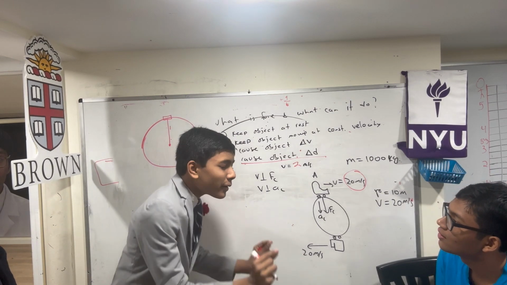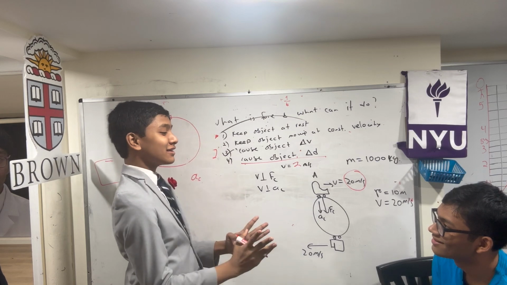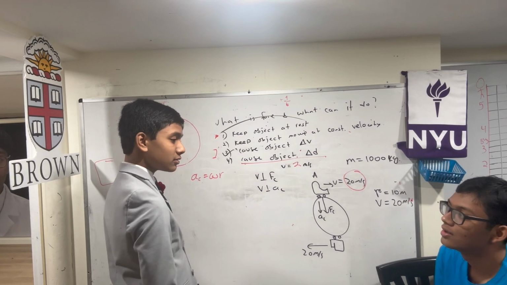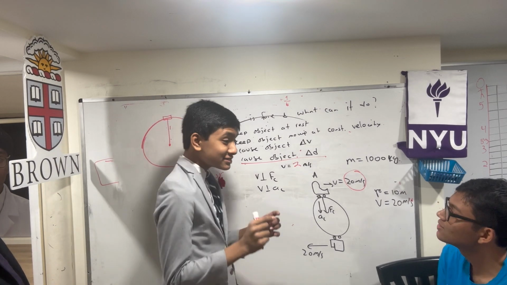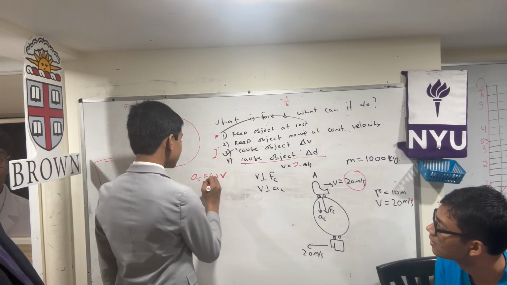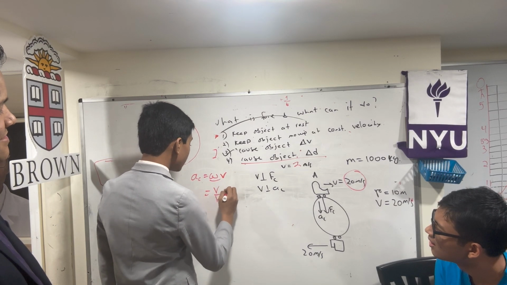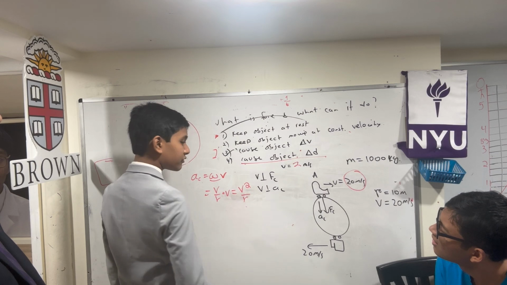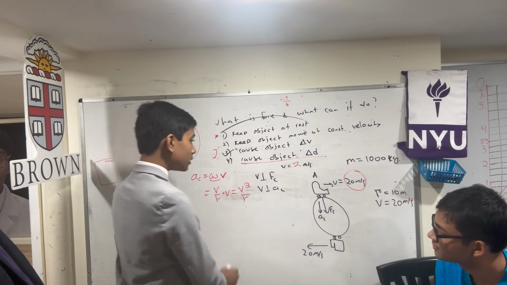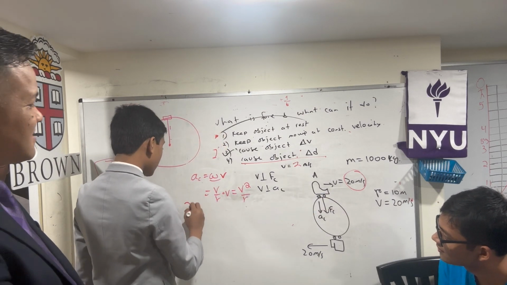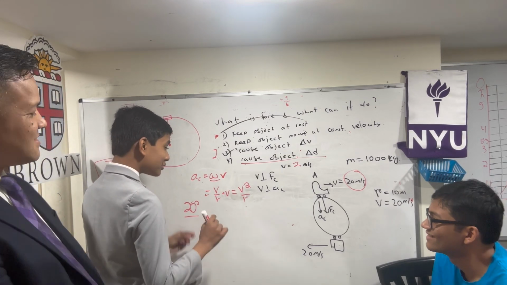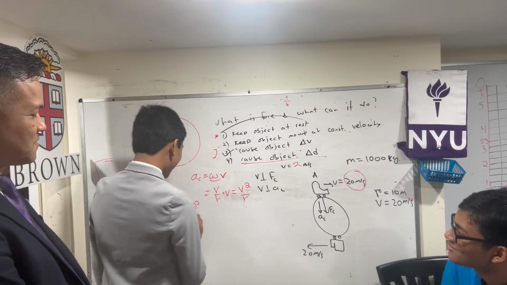It's V squared over R. There's no need for omega R. This is the most intuitive definition, but since omega is V over R, you get the more common definition that you'll probably see in a reference table: the centripetal acceleration is equal to V squared over R. So V is equal to 20, and we all know 20 squared is equal to 400.